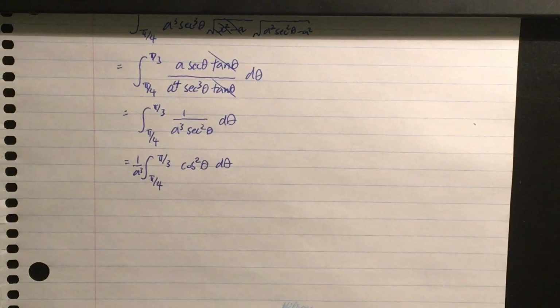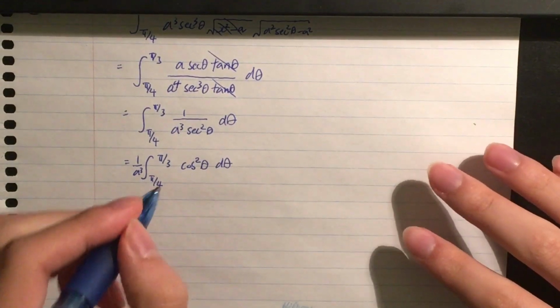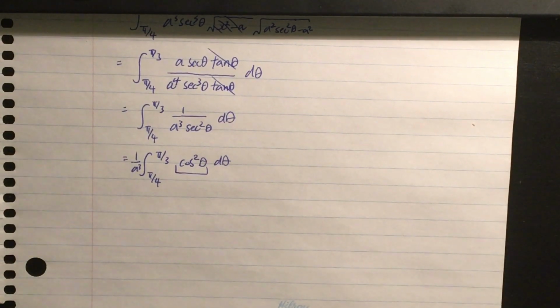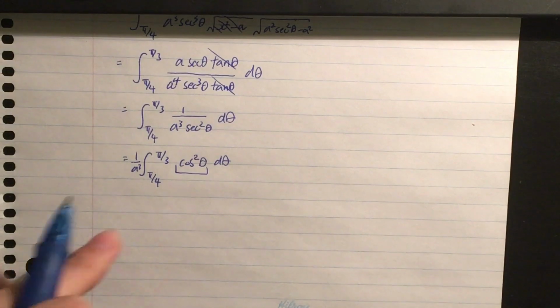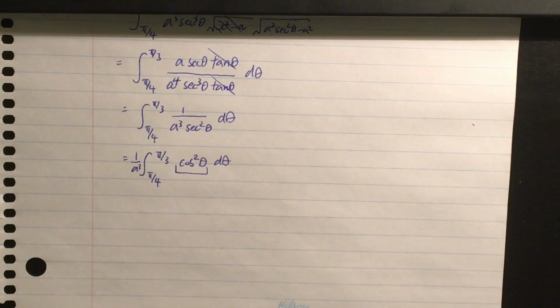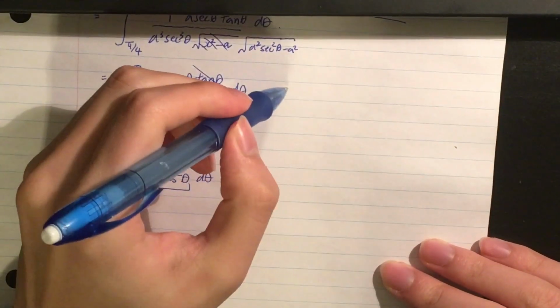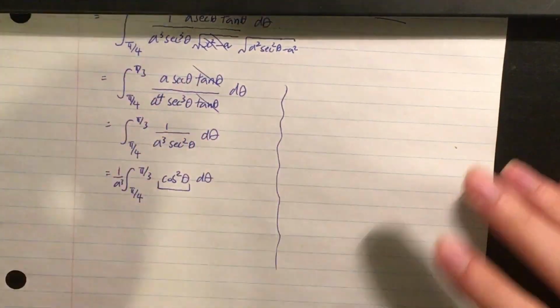Okay, very nice. Now to integrate, let's concentrate on this. Right. How would we integrate this? Well, we can do so using our power reducing identities. And in fact, we can derive this from our double angle identities. So let's do it on the side here.